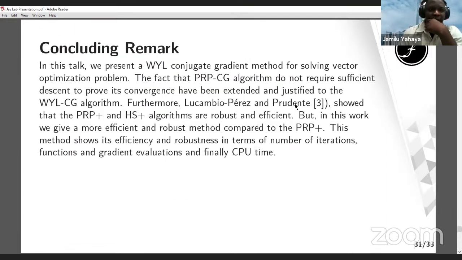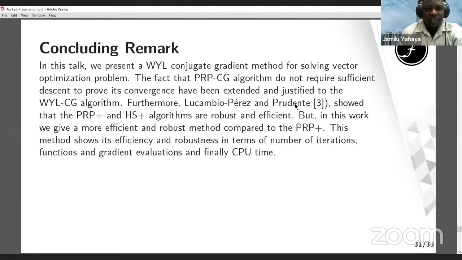So, concluding remark: in this talk, we present a WYL conjugate gradient method for solving vector optimization problems. The fact that PRP-CG algorithms do not require sufficient descent to prove convergence has been extended and justified to the WYL-CG algorithm.